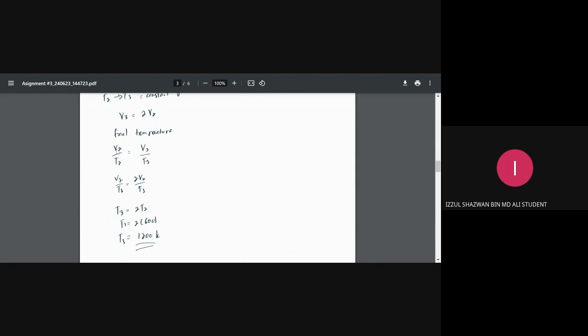We will use the same principle, V2 over T2 equal to V3 over T3, but we will change V3 to 2 times V2. Since we have V2 on both sides, we can cancel them and get T3 equal to 2 T2. Using T2, which is 600, we get a final temperature equal to 1200 Kelvin.